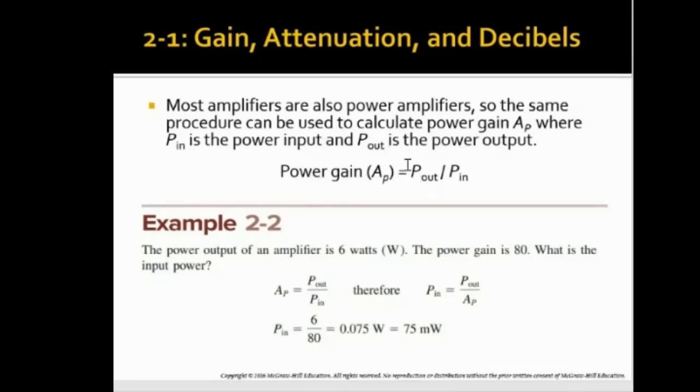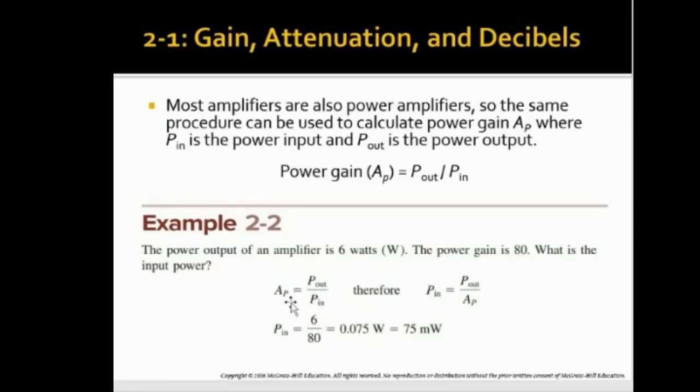Now we use the ratio of output power over input power instead of voltage. Here is one example. The power output of an amplifier is 6 watts. The power gain is 80. What is the input power?